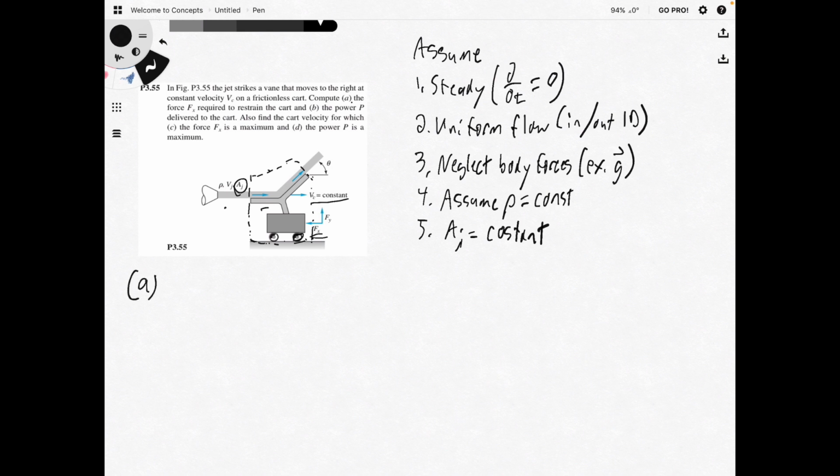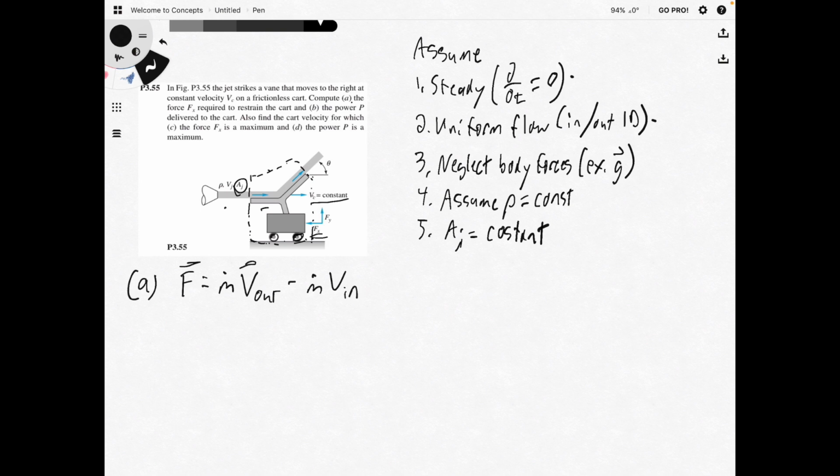And there are a whole bunch of different forms of this expression that we can use. But since we know that our flow is steady, uniform flow with inlet and outlet 1D, we're neglecting body forces, and constant density, we can skip right ahead to the one-dimensional force balance with one inlet and one outlet. We'll have the force is equal to m dot times v out minus m dot times v in.